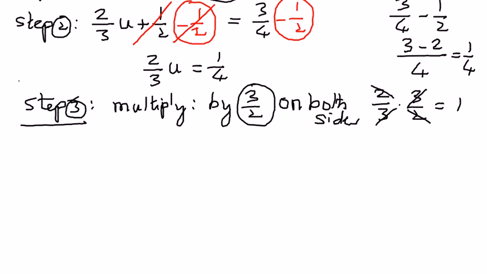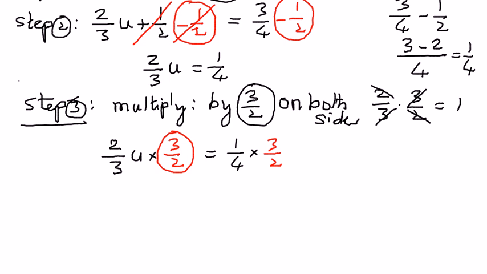Let me pull it up a little bit. 2 over 3 u times the reciprocal of 2 over 3, which is 3 over 2, and I'm going to put a circle around it, is equal to 1 over 4 times 3 over 2. We're going to multiply by 3 over 2 on both sides of the equation.